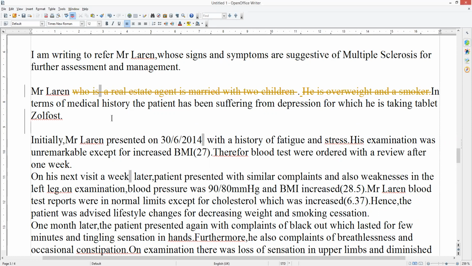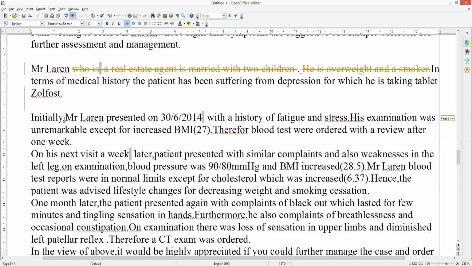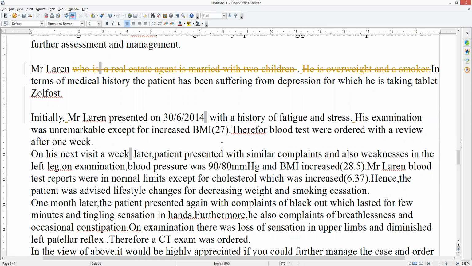"Mr. Laron presented on the 30th with history of fatigue and stress. His examination was unremarkable, except for an increased body mass index of 27." An index is countable, right? You need grammatically complete sentences. "Therefore, blood tests were ordered with a review." It's either a blood test or blood tests.